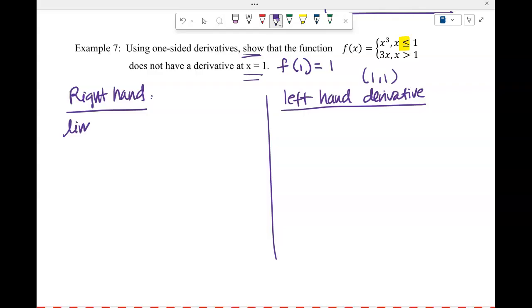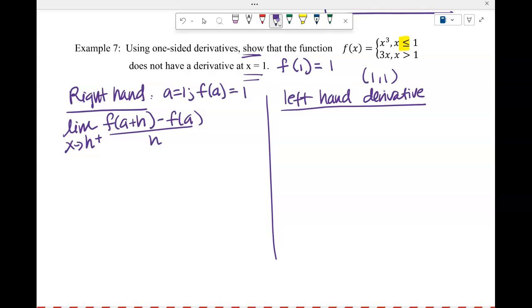So the limit as h approaches 0 from the right of f of a plus h minus f of a all over h, okay? In this case, guys, a is always 1, and f of a is always 1 as well, because f of 1 is 1.